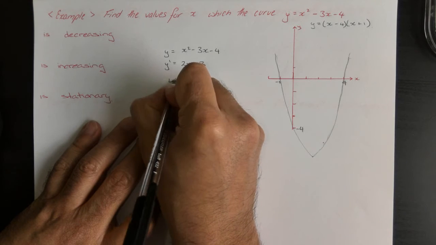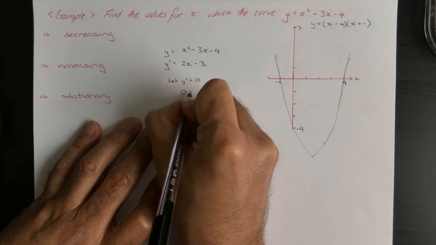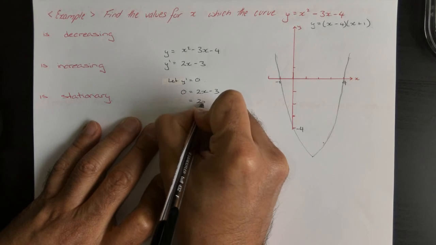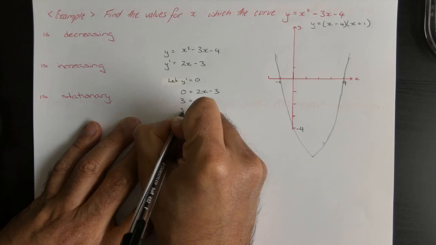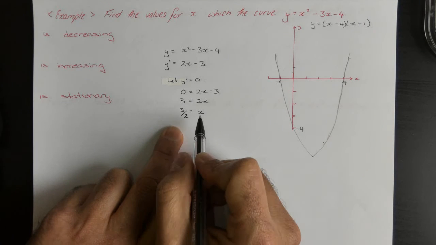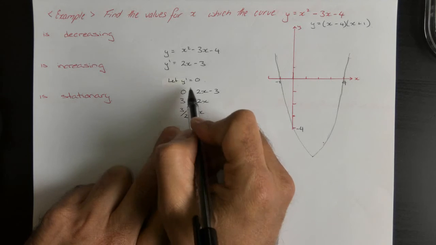Let the first derivative equal 0, and solving it algebraically, we get x equals 3 on 2. What it means is that when x equals 3 on 2, or 1.5, the function is stationary.